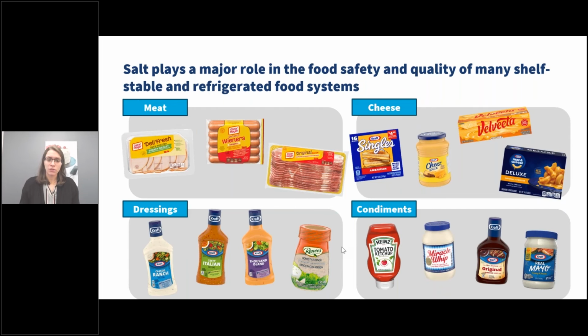Because of this, the reduction of salt in all of these systems can lead to an overall product reoptimization of its recipe in order to maintain its food safety according to the hurdle principle described earlier.